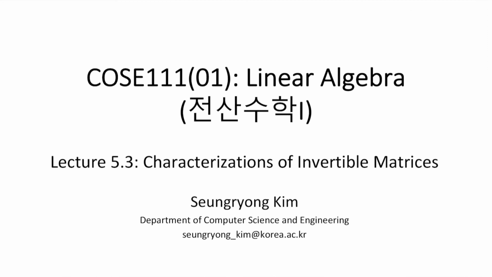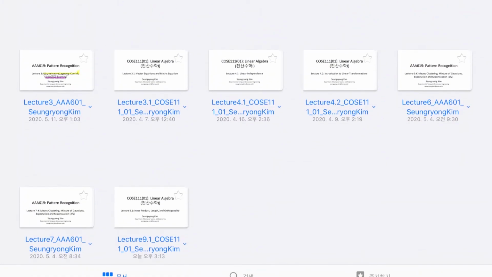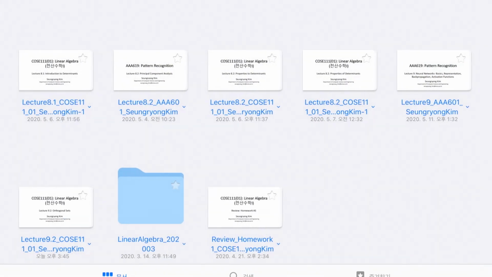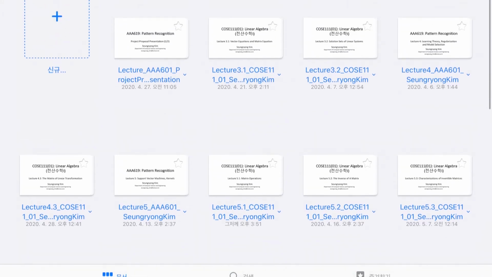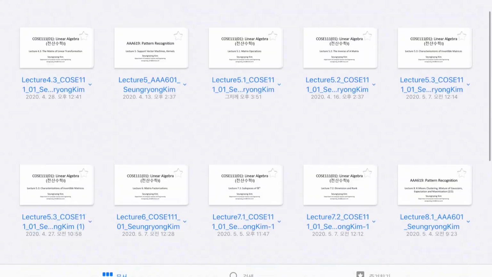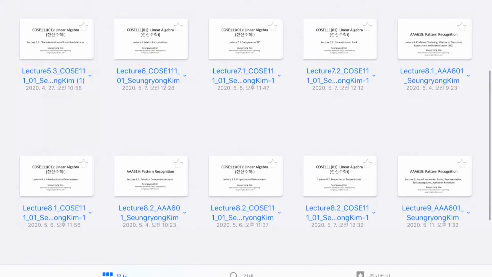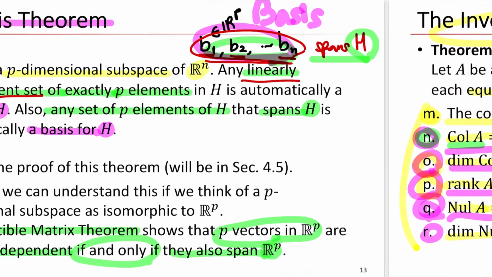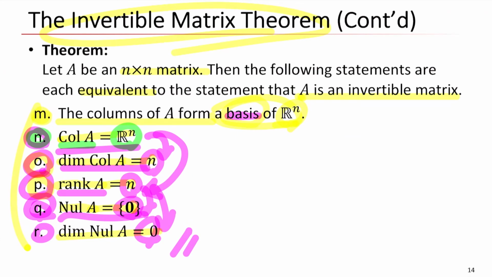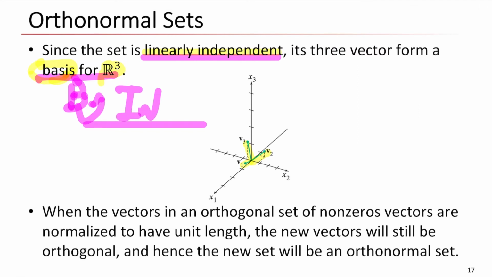Previously there was the invertible matrix theorem, but here it continues.